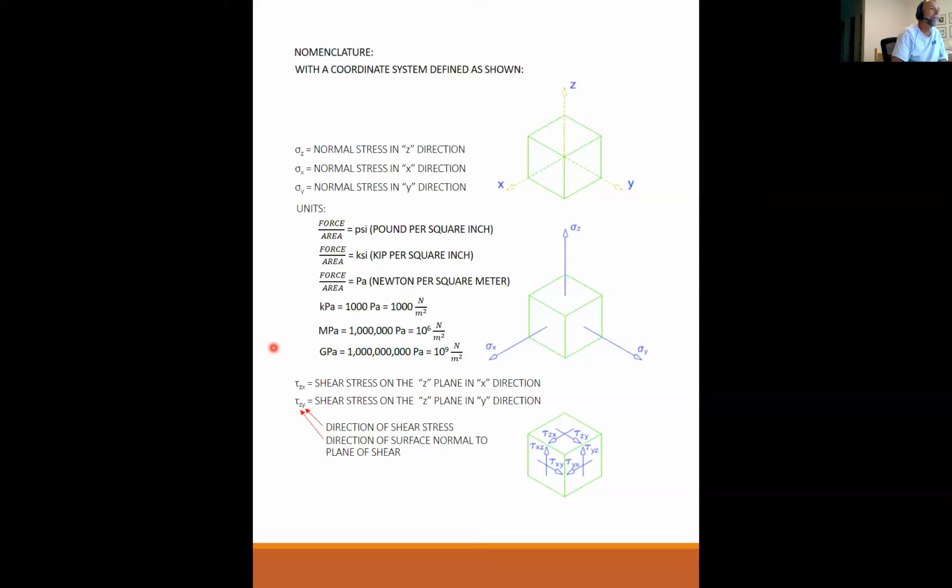In the customary system for steel, Young's modulus of elasticity is about 29,000 KSI, which translates to about 200 gigapascals. So these are relevant.